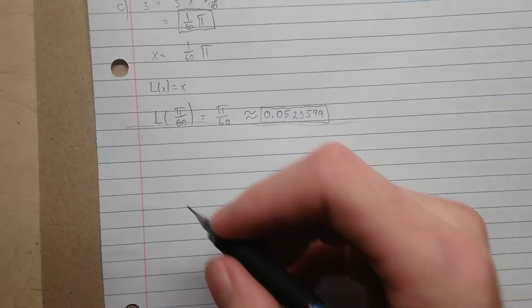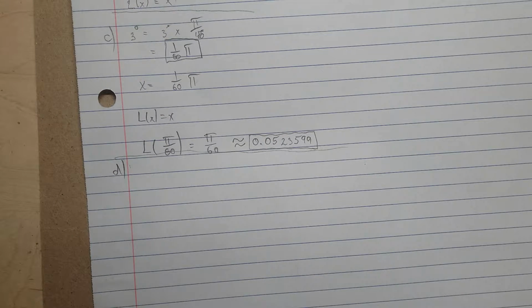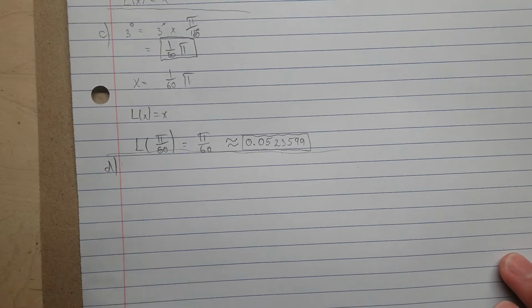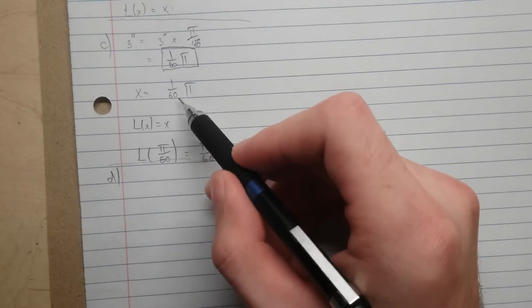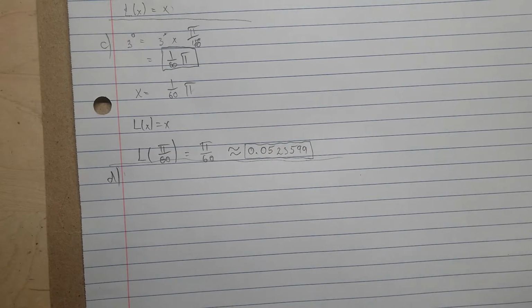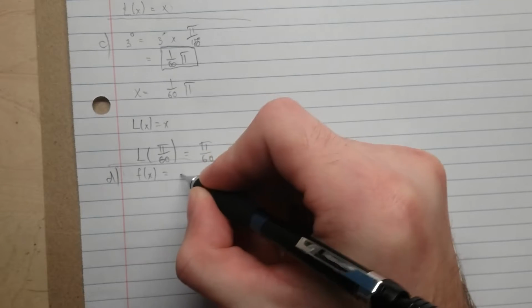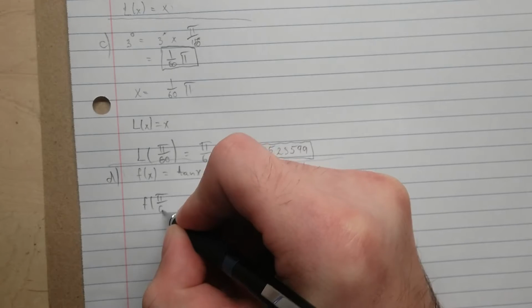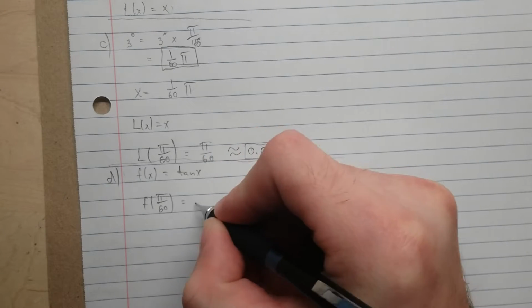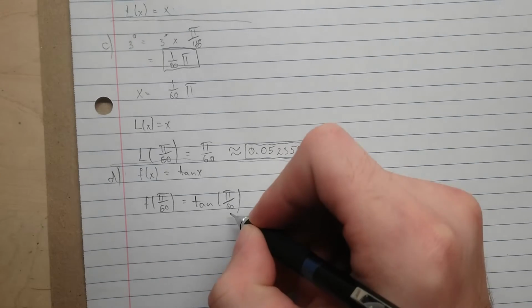Part D says compute the percent error in the approximation. The way we do that, we substitute x, which we know is equal to pi over 60, into f of x, the original function. The original function was f of x equal to tan of x. So f of pi over 60 is equal to tan of pi divided by 60.